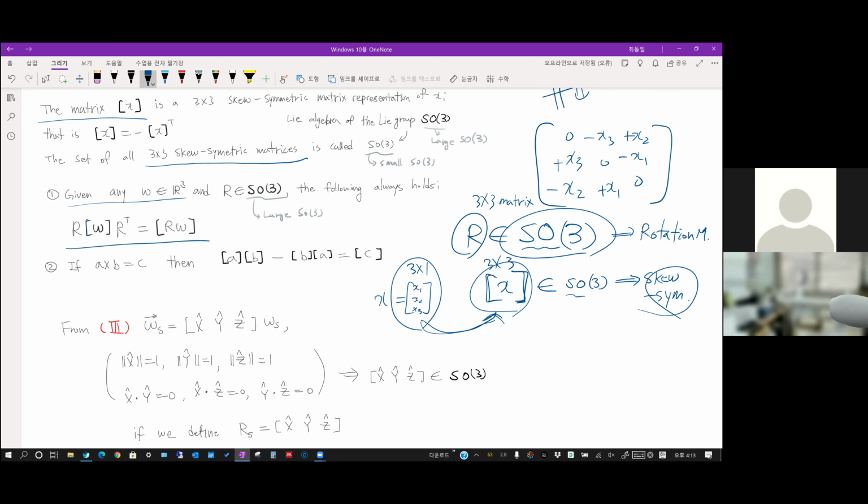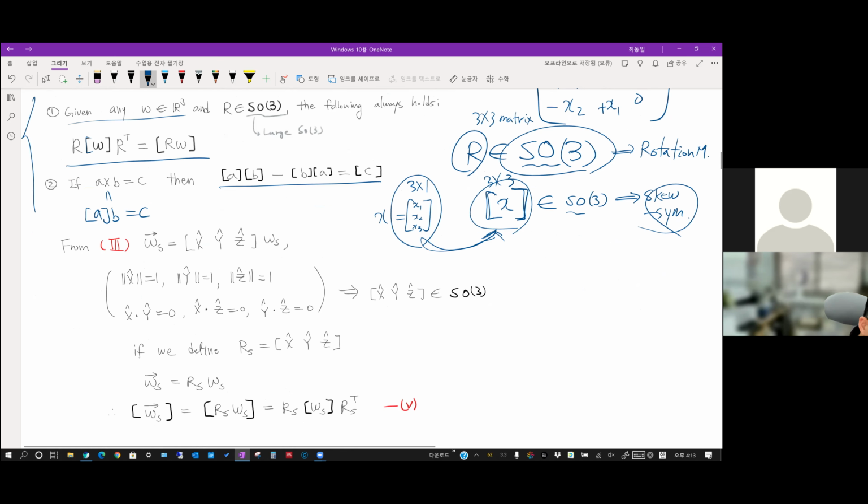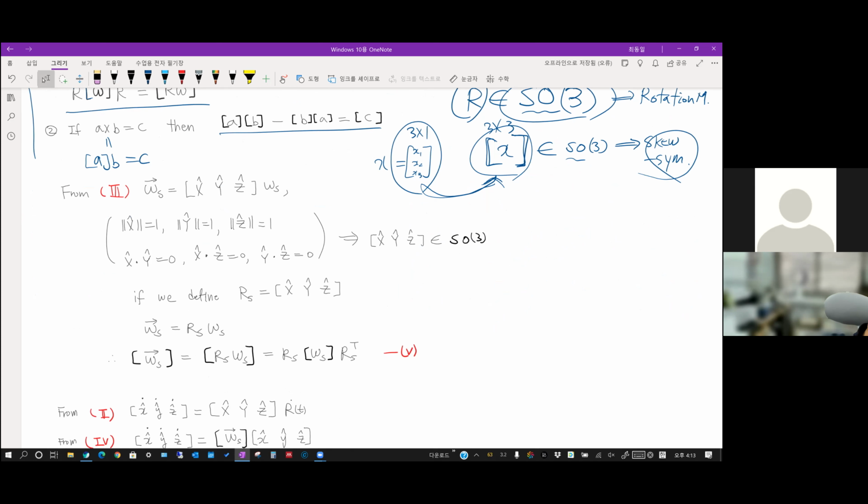And if there is A cross B, this is the same as bracket A times B equals C. And then this equation is always right. So this is the property of the skew symmetric matrix. And then let's continue to calculate the angular velocity.